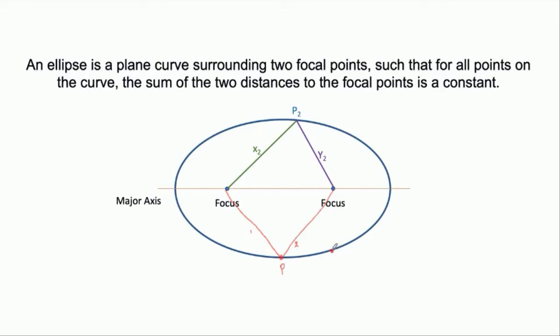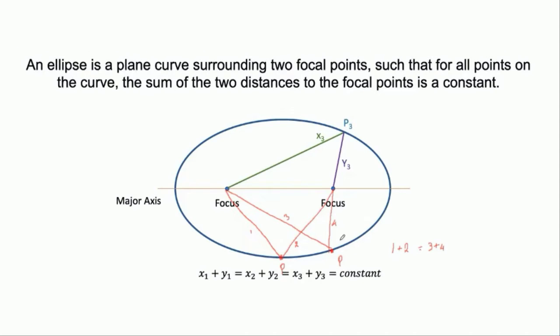So this is the point P, now moved here. I'm going to draw lines through the focuses to the point P. So this is 3 and this is 4. This sum will be the same. That is, 1 plus 2 will be equal to 3 plus 4. So this sum will be the same, and the points obtained by this will be your ellipse.